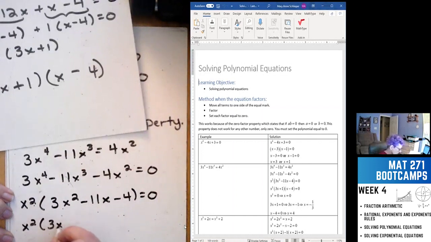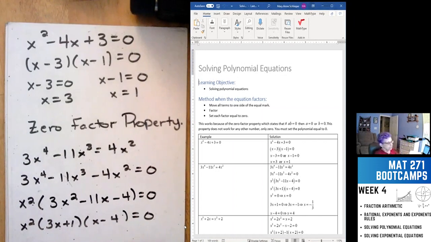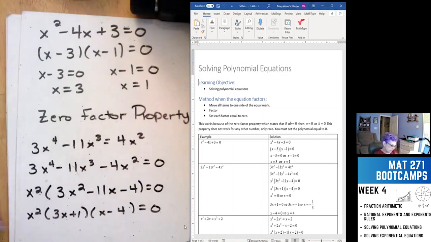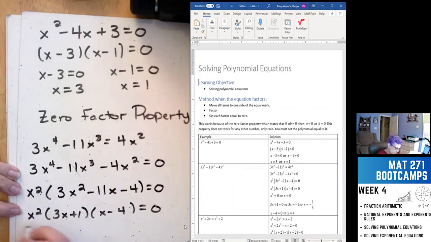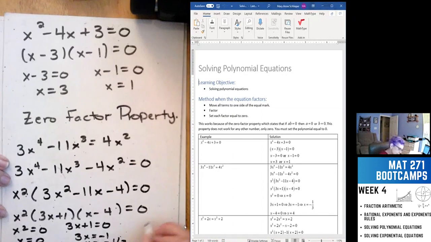So we have x squared times 3x plus 1 times x minus 4 equals 0. So this time we're going to get 3 answers. If x squared is equal to 0, then x is 0. If 3x plus 1 is equal to 0, then x is -1/3.